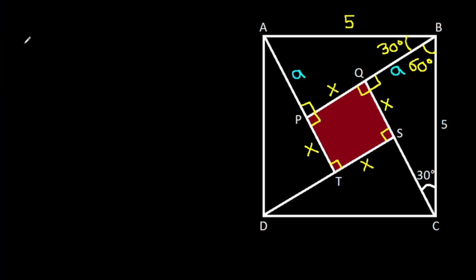Now we get x is 5 over 2 times root 3 minus 1.